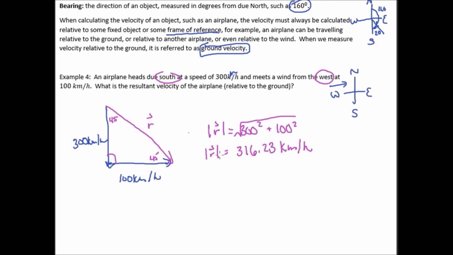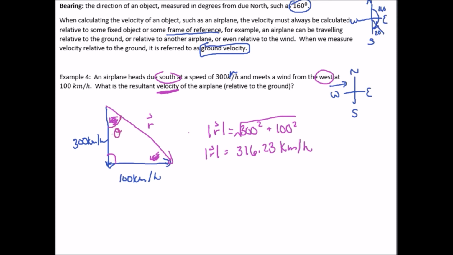Now, because it asks us specifically for velocity, we need a magnitude and a direction. So now let's solve for the direction. I'm sorry, these are not 45s. It can't be 45s because this is 300 and 100. I was thinking 45 just because it was west and east, but it's going to cut more on an angle.